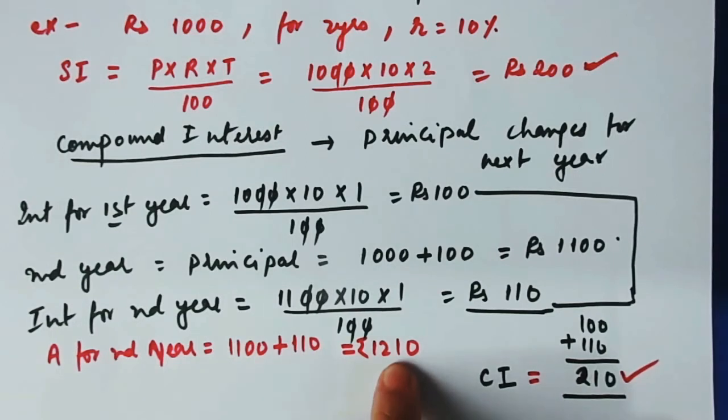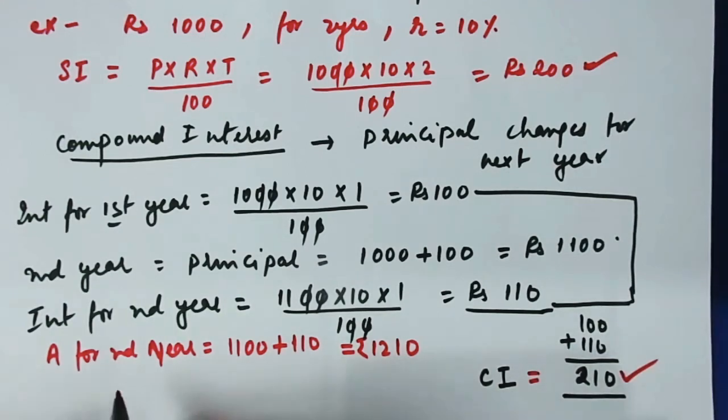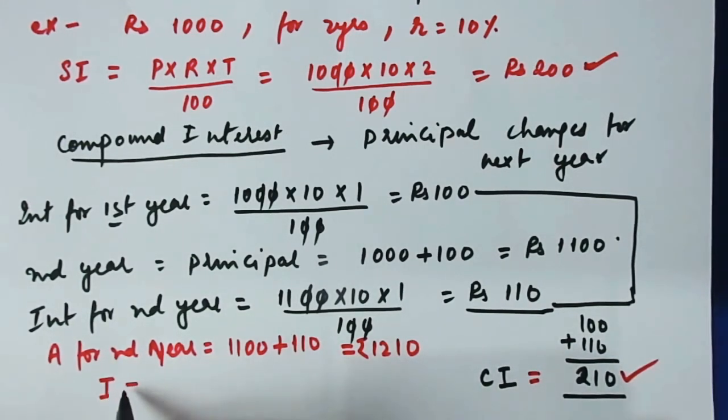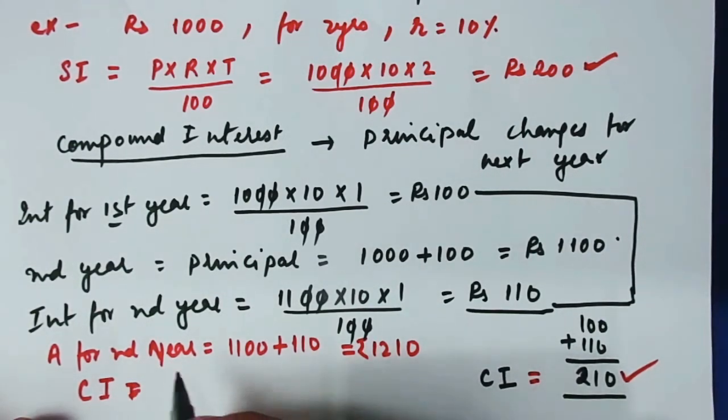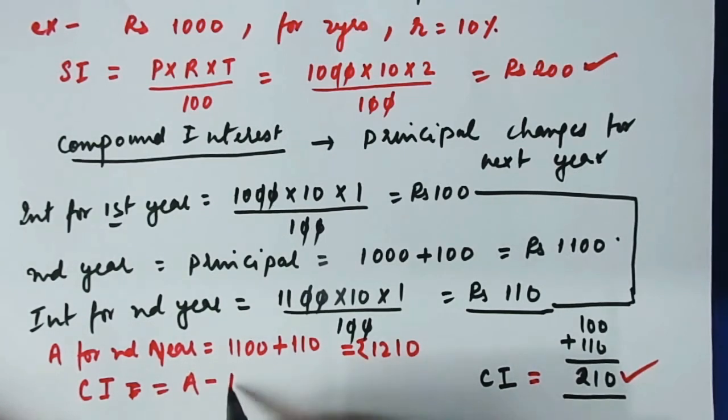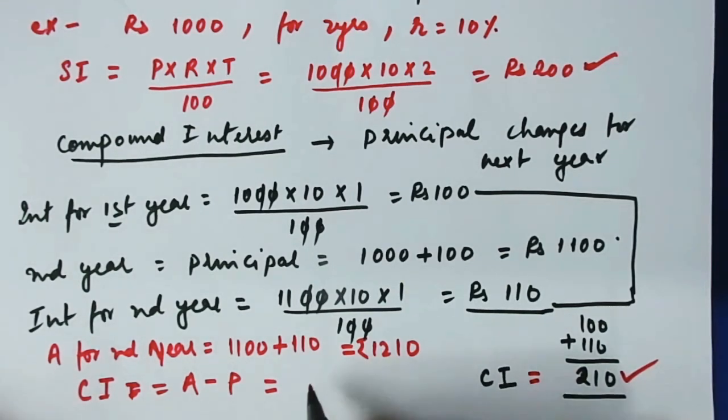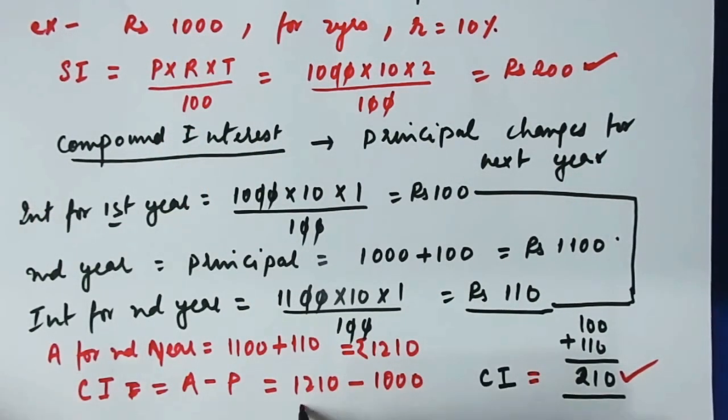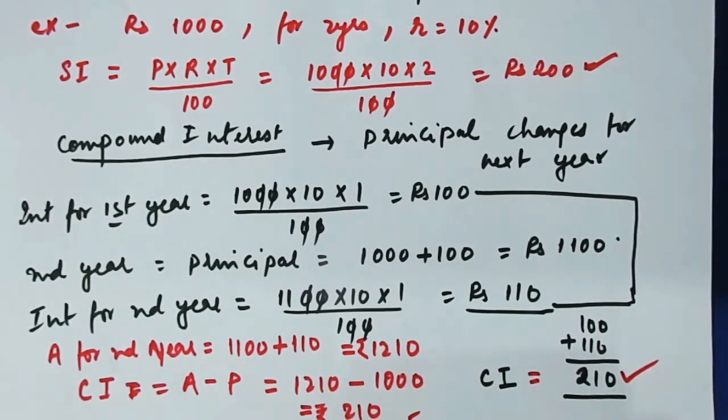Now if this is the amount at the end of the second year, then how do you find the interest? By subtracting the principal from the amount. So compound interest is equal to amount minus principal. Your amount is 1210. You subtract rupees 1000, which was your original principal, which gives you rupees 210 as your final compound interest. So you can find it by this method also.